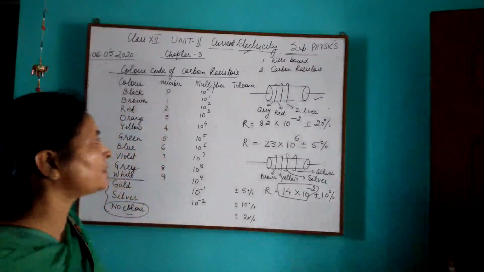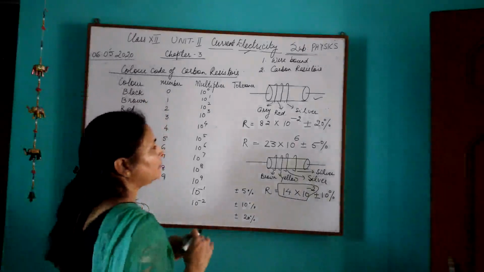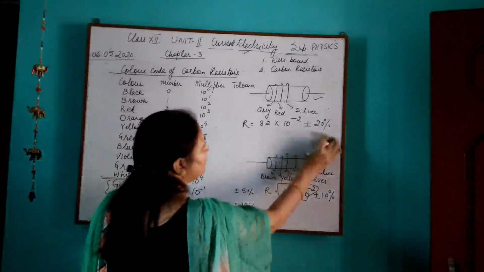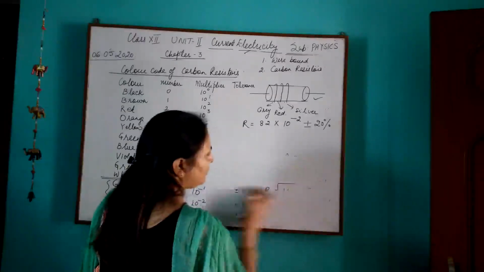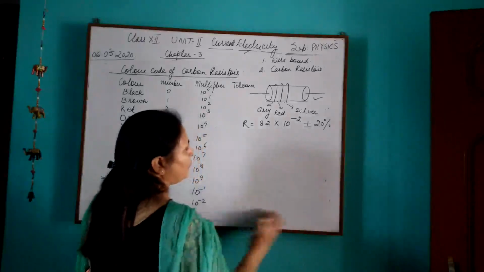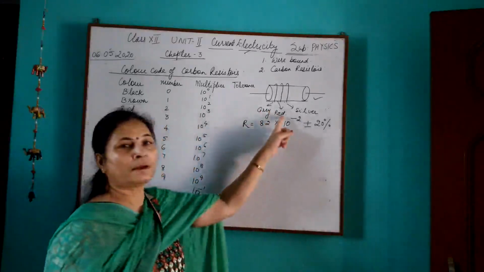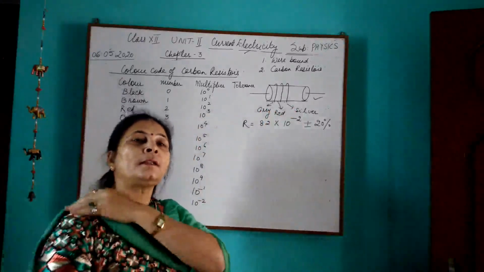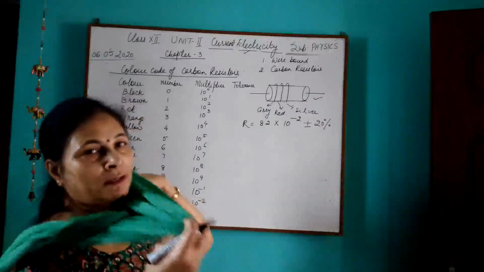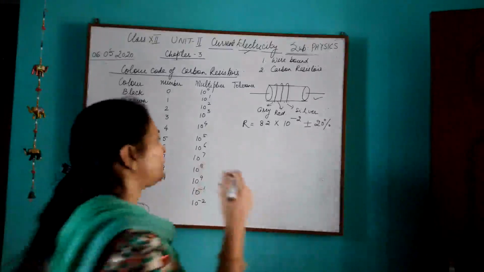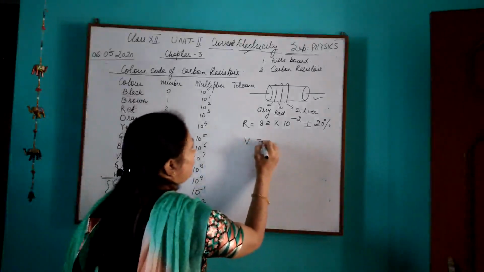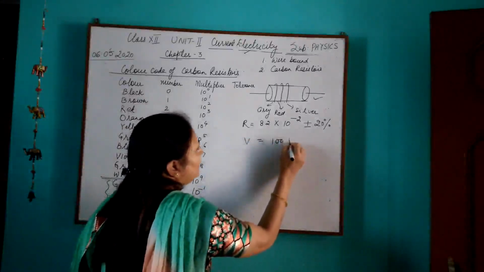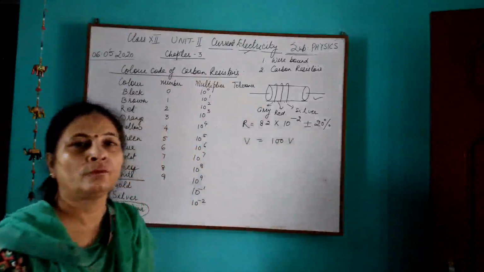Suppose you are given a question that there is a resistor having color code of gray, red and silver. Find out the current passing through the circuit having this resistance with a potential difference of say 100 volt.